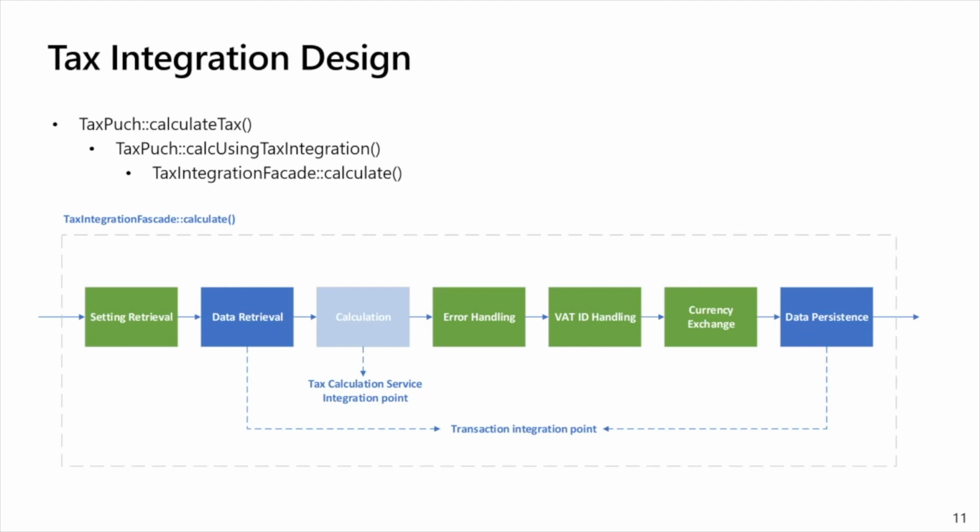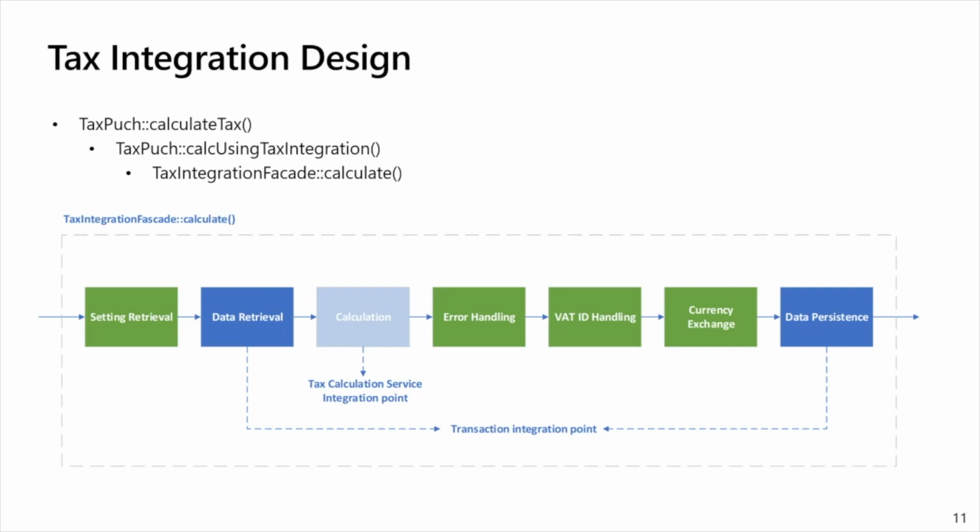The final stage is data persistency. It will save all the calculation results into the temp tax work trans table, and this table will be used in the view sales tax form, and the result will also be used during the posting.